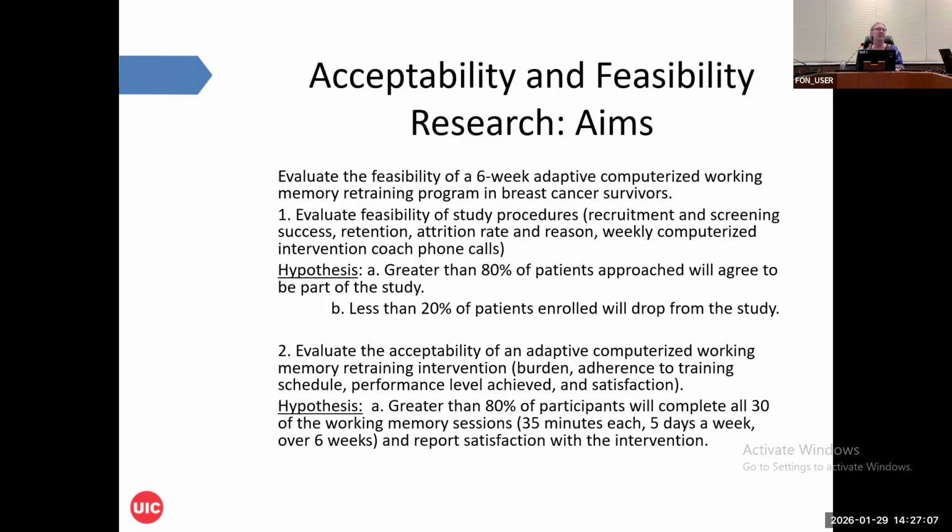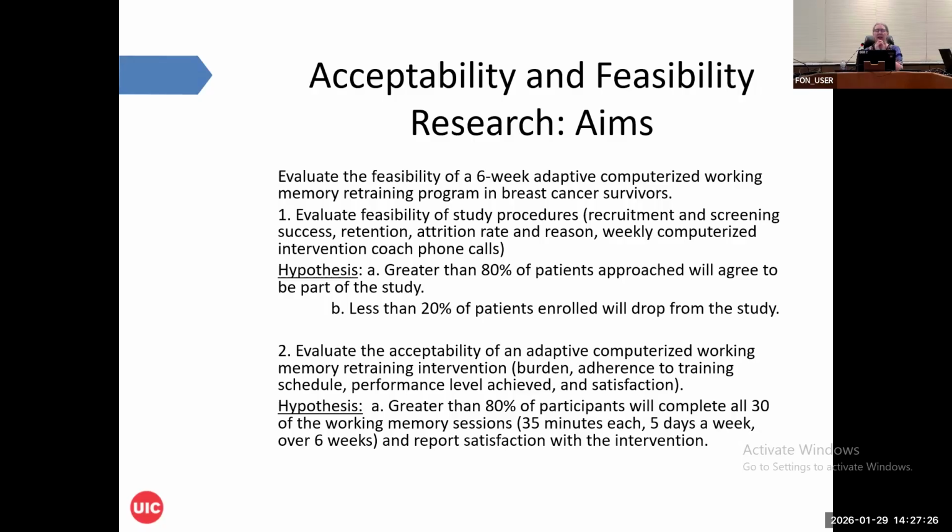So that's why we had such a high rate of those we approached agree. Then hypothesis B is that less than 20% of patients enrolled will drop from the study.